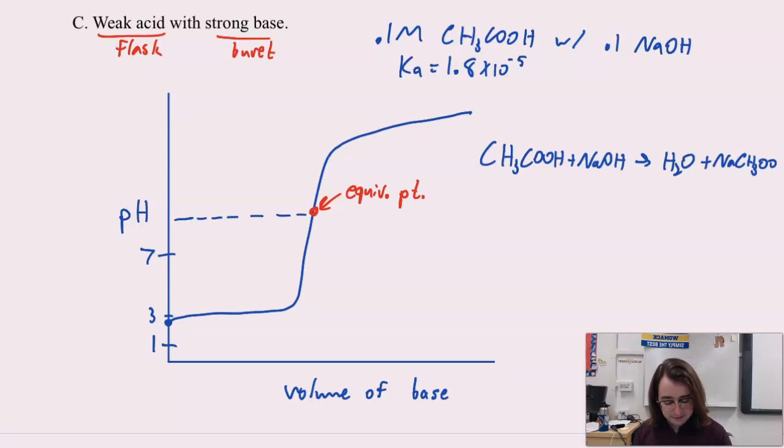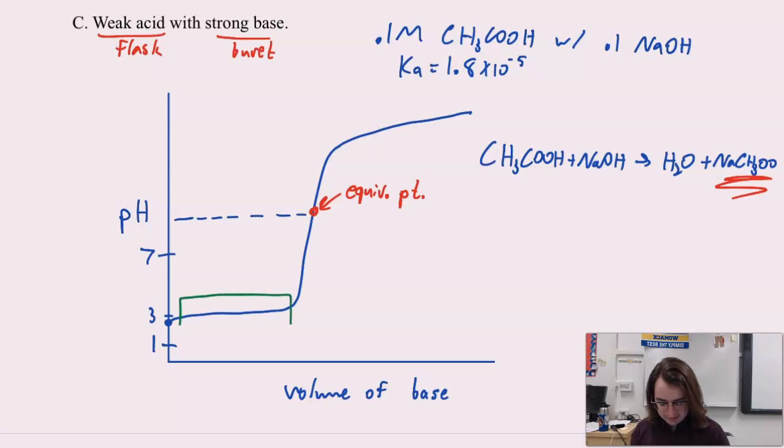Now, this substance here is what's in solution at equivalence. This is what's called a basic salt. The reason why we call it a basic salt is because it is a salt that in solution has a pH above 7. This CH3COO- causes the pH to be above 7 when we're at equivalence. Now, there's actually something else that's really interesting here.